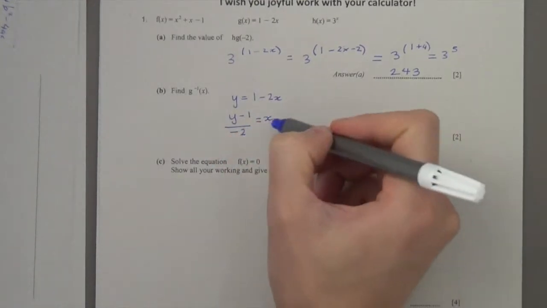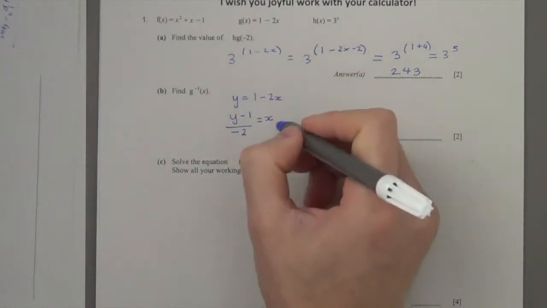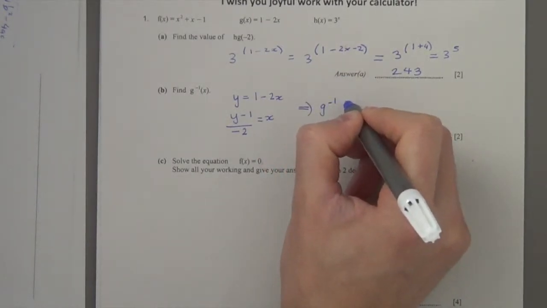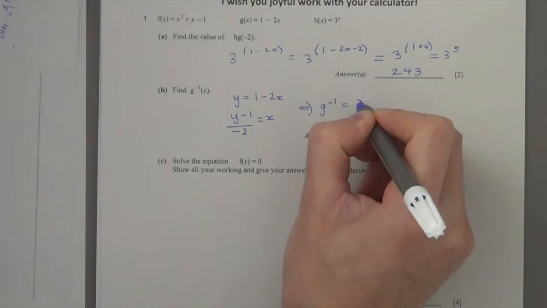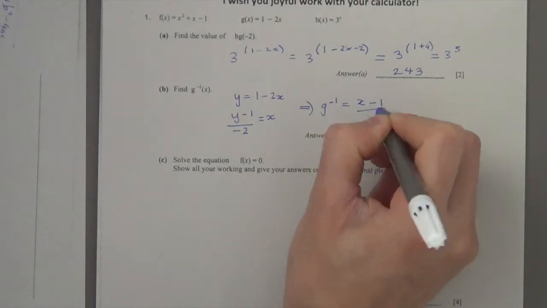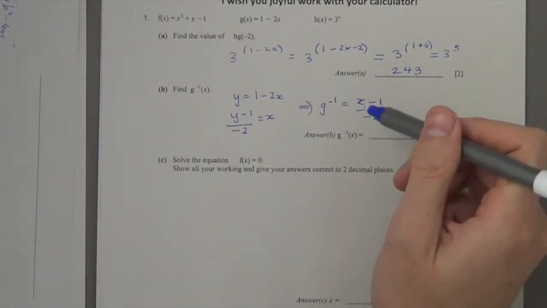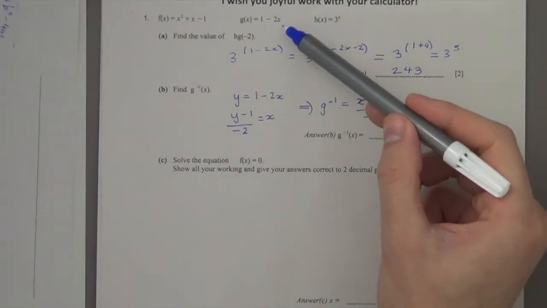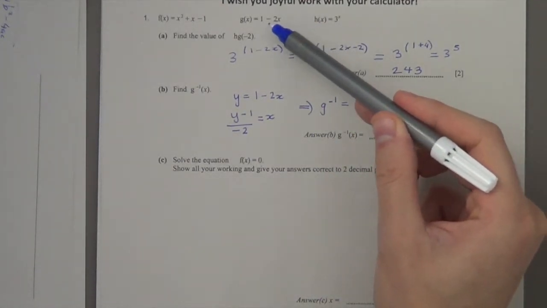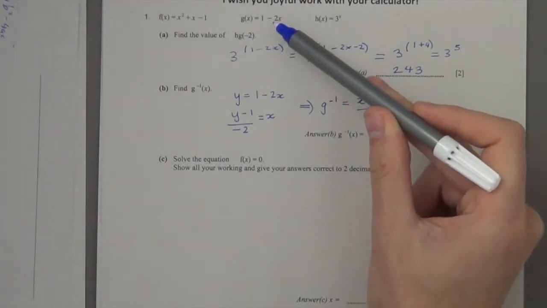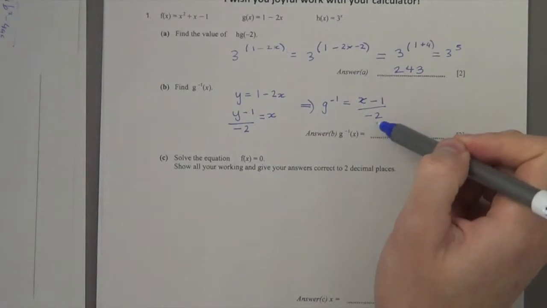Then I'm going to switch the y into x, so that my g to the minus 1 is equal to x minus 1 over minus 2. Okay? So if you see from the original function, instead of plussing 1 to the x, I'm minusing 1. Instead of multiplying by a minus 2, I'm dividing by a minus 2.